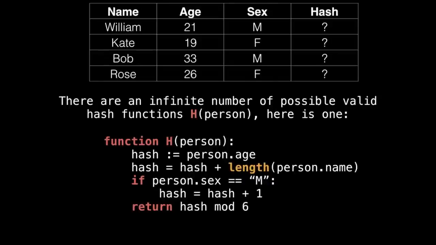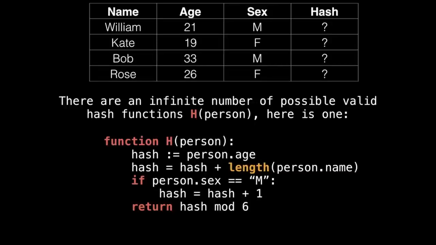Alright, so here's my attempt at creating such a hash function. Turns out there is an infinite amount of possible hash functions we could have defined for the hash of the person. And here's a simple one. So I'm going to say, okay, first let's start with the age. So whatever there is, that's the starting value for the hash. Then I'm going to add on the length of the person's name, again an arbitrary choice.